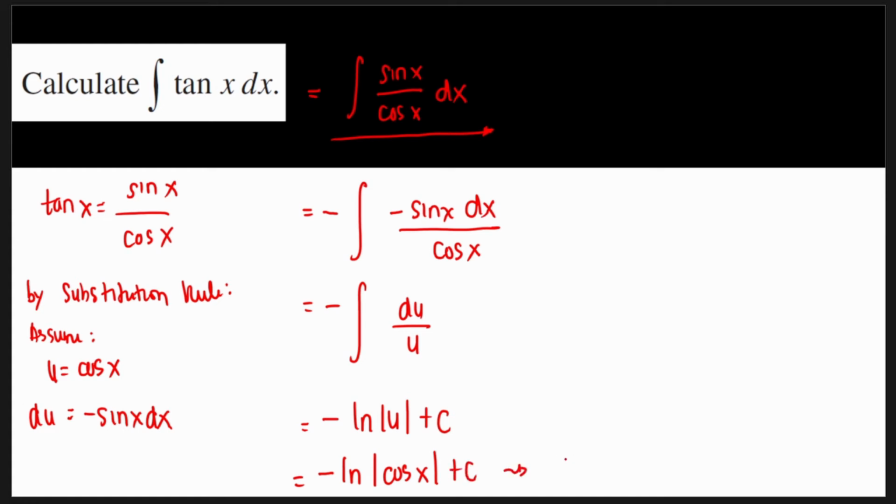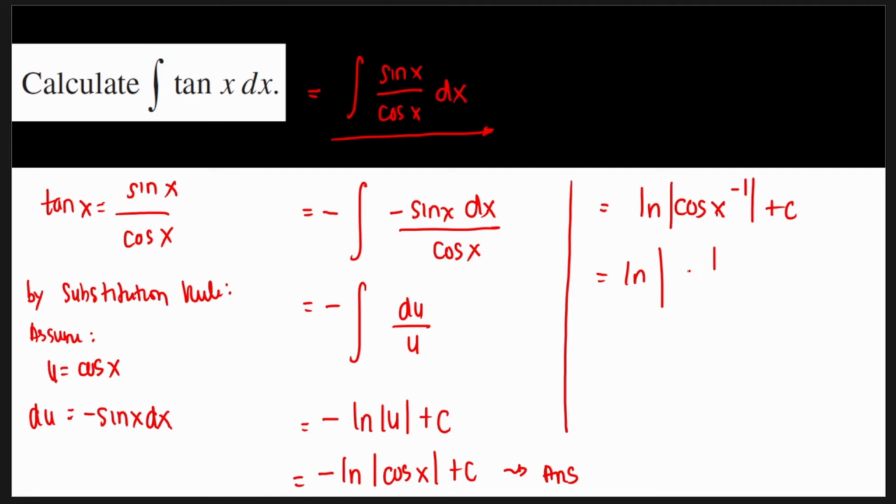Now this is an answer already, but notice here we have a negative sign for our ln cosine x, and by identity this is equivalent also to ln of cosine x raised to the power of negative 1, which is also equivalent to ln of 1 over cosine x.